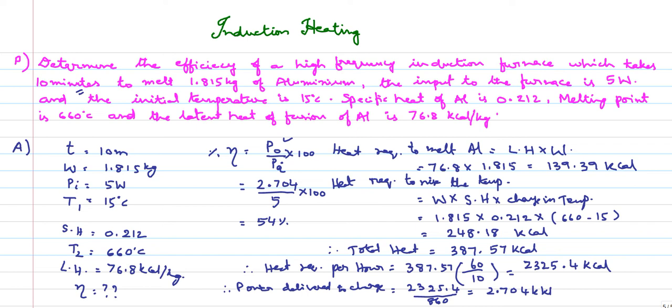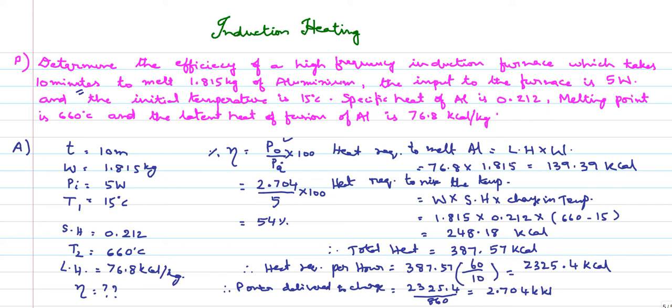So what is the input actually? The input has been given, it is 5 watt, and the initial temperature is 15 degrees centigrade. Specific heat of aluminum is 0.212, melting point is 660 degrees centigrade, and latent heat of fusion of aluminum is 76.8 kilocalorie per kg. So this is the data they have given to us.